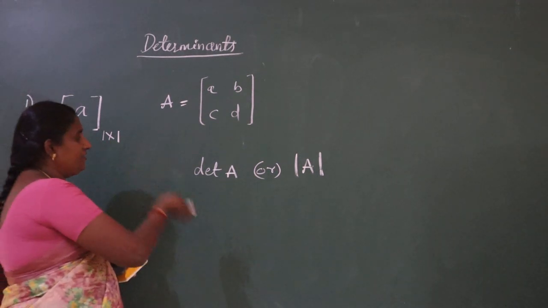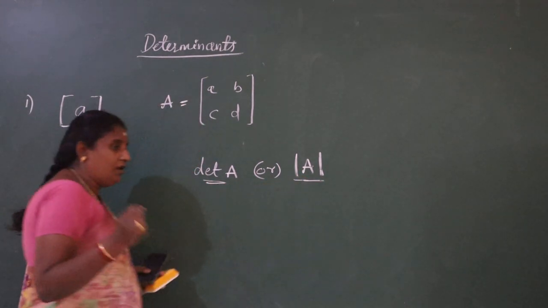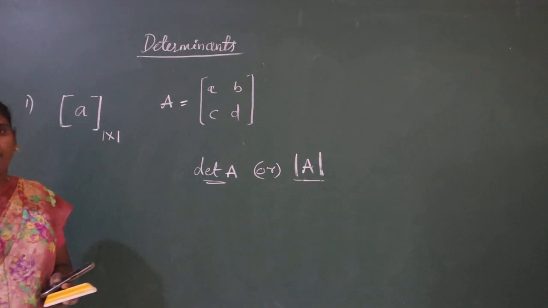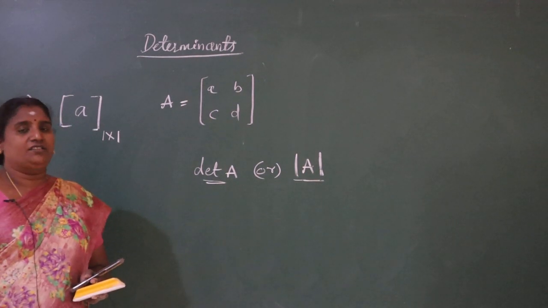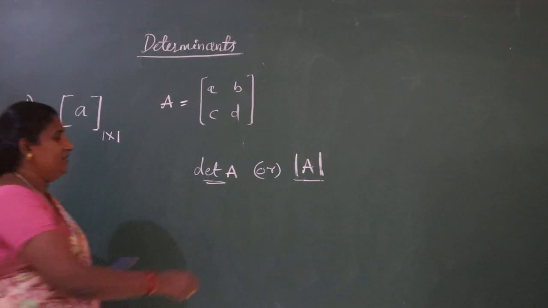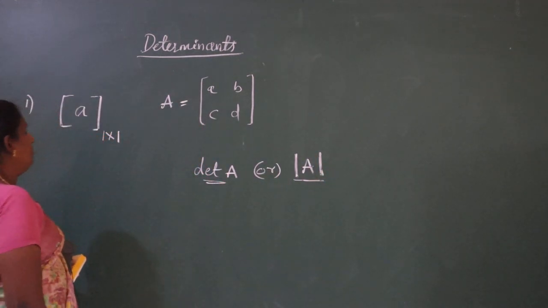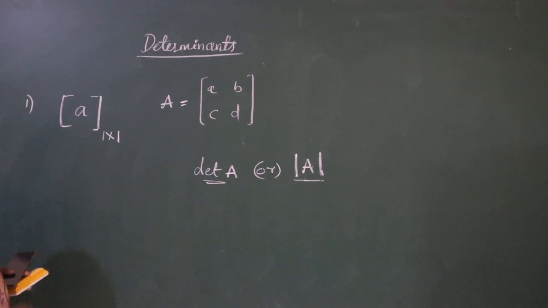Either way, we call it det A. The determinant of a matrix is denoted like this, det A, or with this symbol.